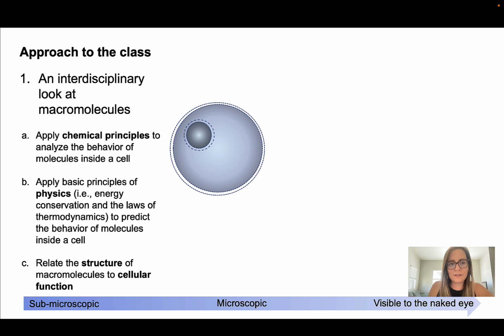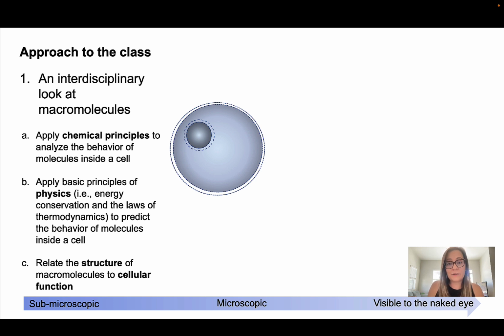So the next thing I want to describe is how we'll cover the content in this class, or the order in which we'll cover content. And so we're going to begin as the book does, which is to take an interdisciplinary look at the macromolecules, really at the submicroscopic level. And when I say macromolecules, I'm referring to proteins, nucleic acids, carbohydrates, and lipids. And when we look at these macromolecules, we're going to be applying chemical principles to analyze the behavior of these molecules in a cell.